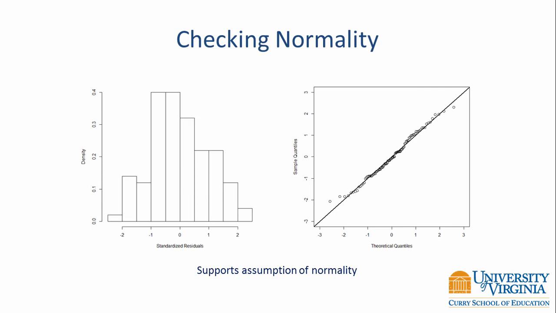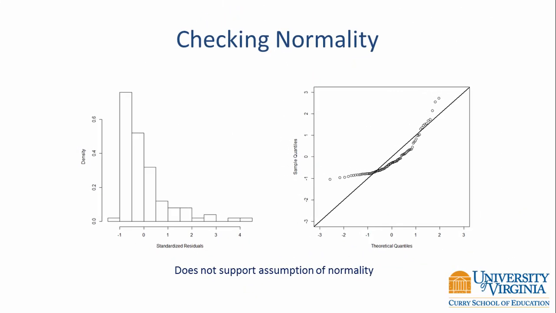The assumption of normality is supported when the points in this plot fall along a line drawn at a 45-degree angle, because it means that the empirical percentiles for the standardized residuals are similar to or the same as the theoretical values from a normal distribution. The more that the points deviate from the line, the less support for the assumption of normality. The figure on the right is a normal QQ plot, and it shows support for the assumption of normality.